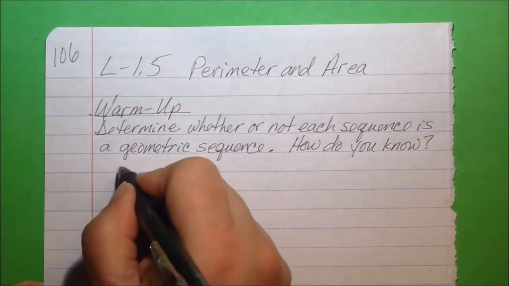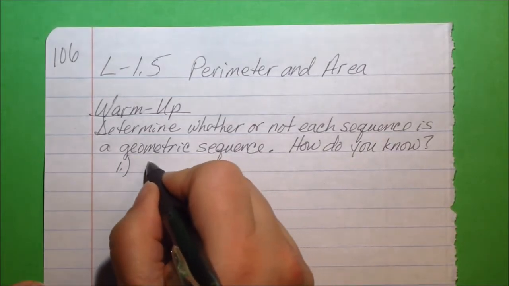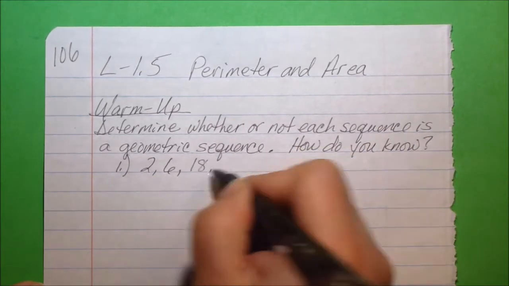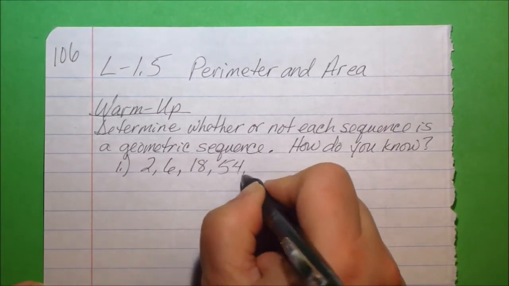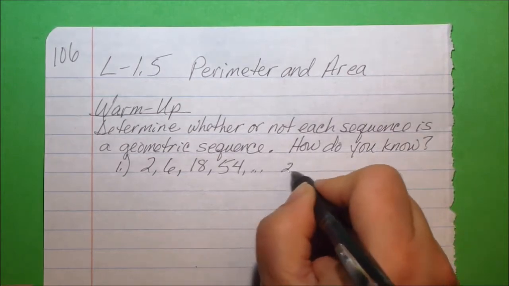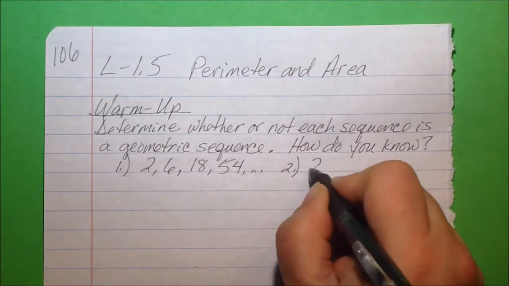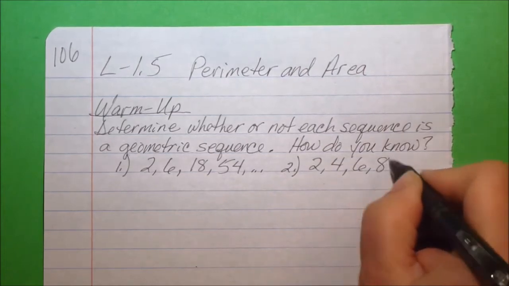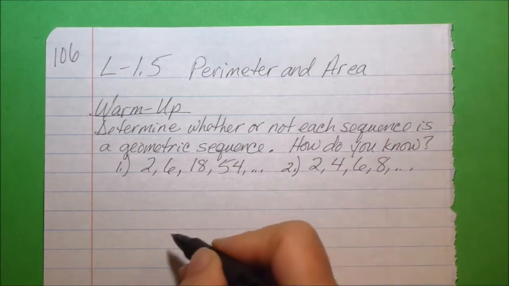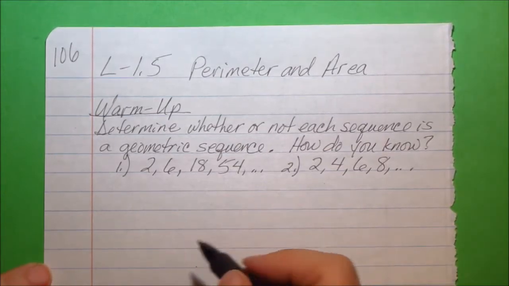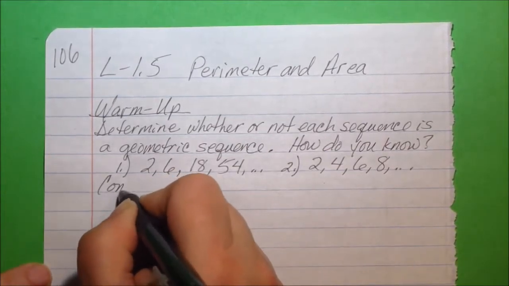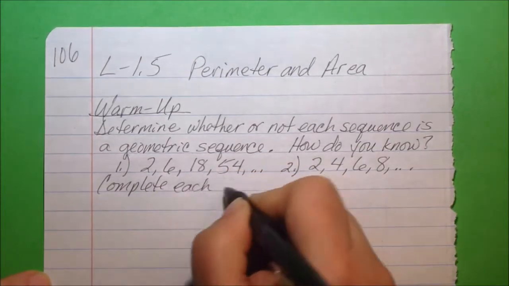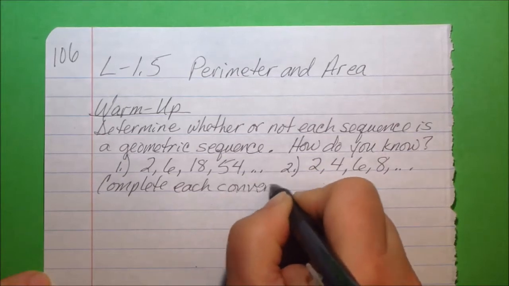All right, so the first one is 2, 6, 18, 54, ... And the next one is 2, 4, 6, 8, ... All right. Okay, and the next problem is complete each conversion.